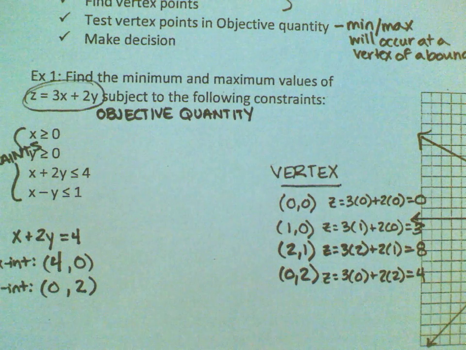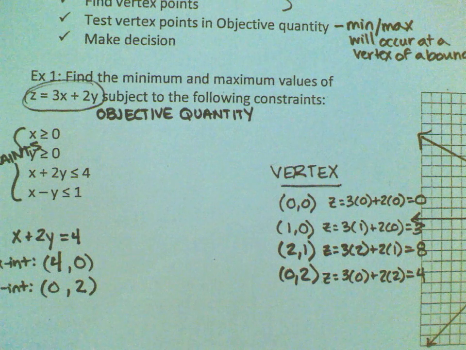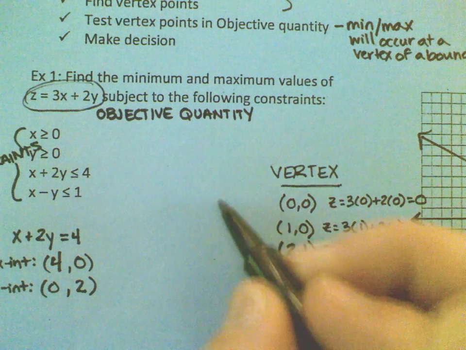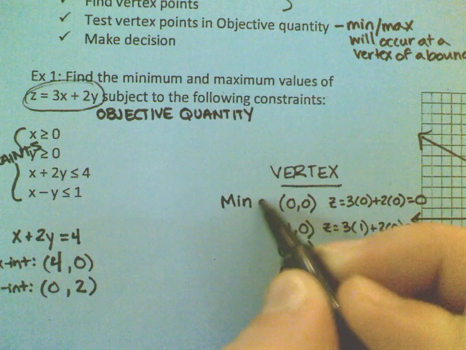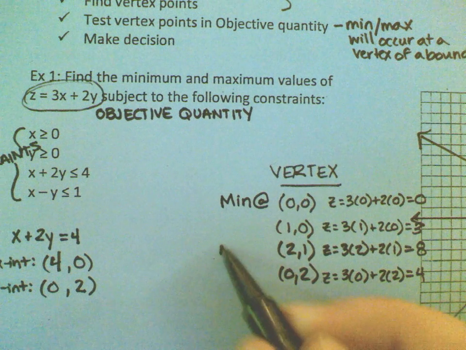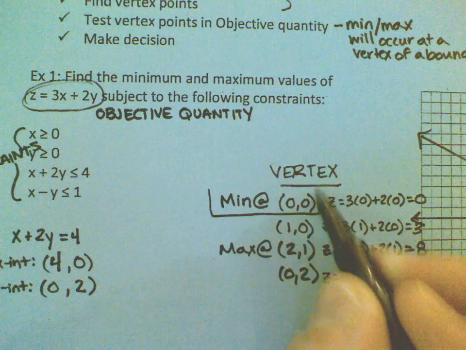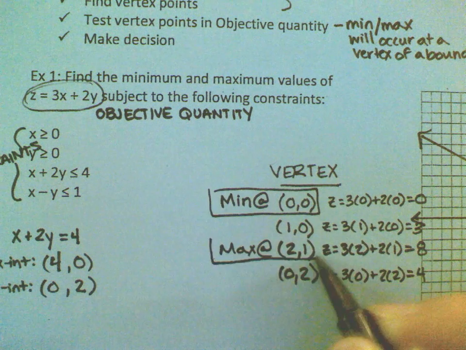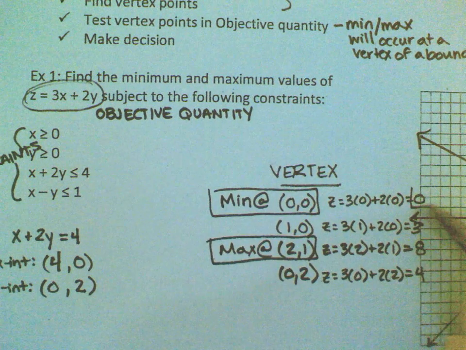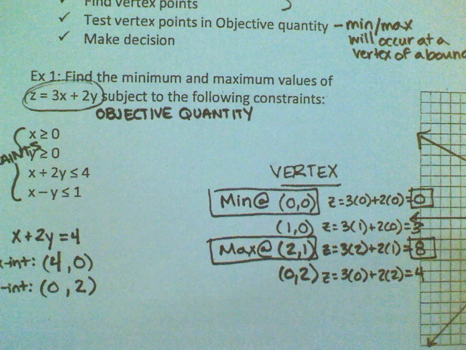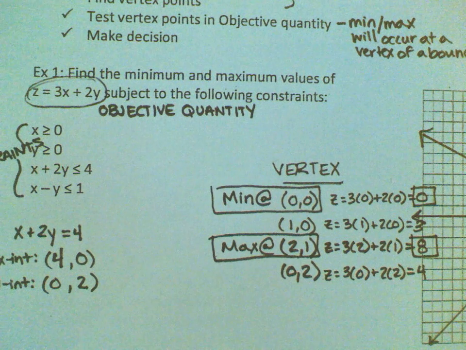So can you identify your final min and max? Min at 0, 0. Max at 2, 1. And the minimum value is 0, the maximum value is 8.